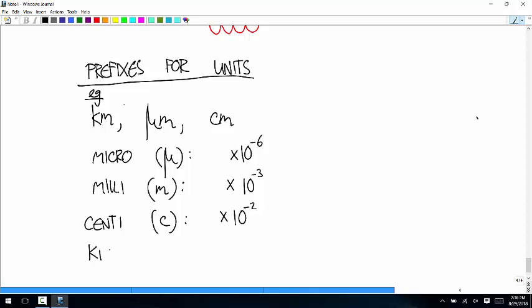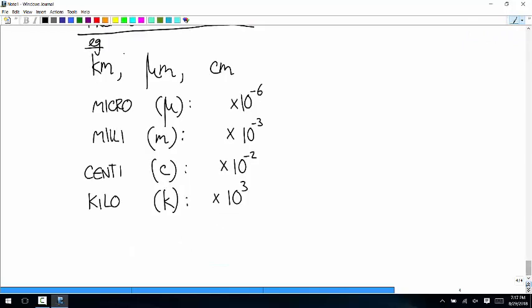And then kilo, that's a lowercase k. That means times 10 to the positive 3rd. And there are a few I'm skipping, but these are the ones that are going to be important in this class. And mega, that's a capital M, and that means times 10 to the 6th.